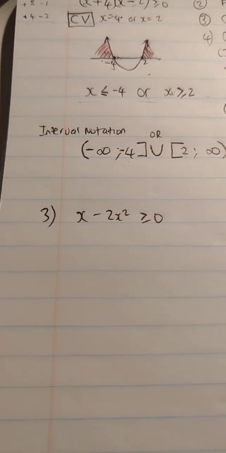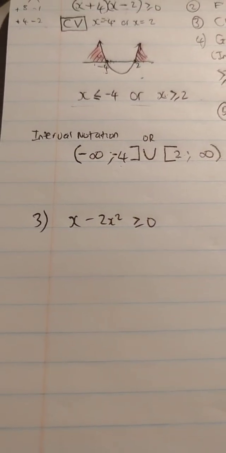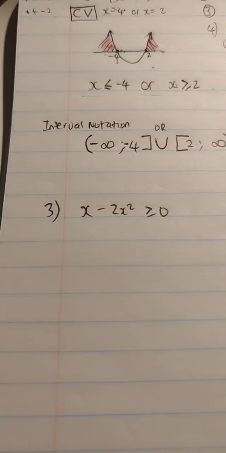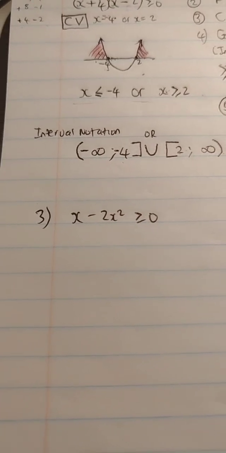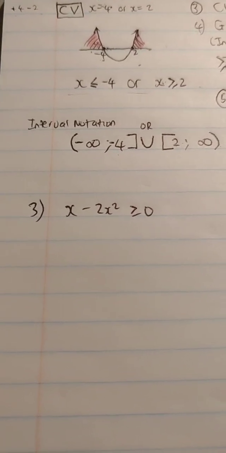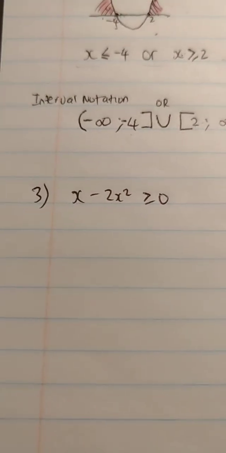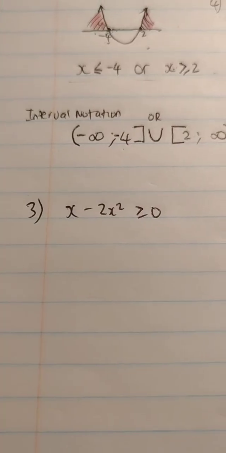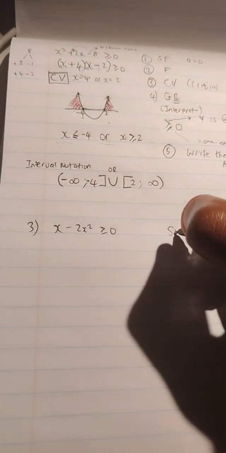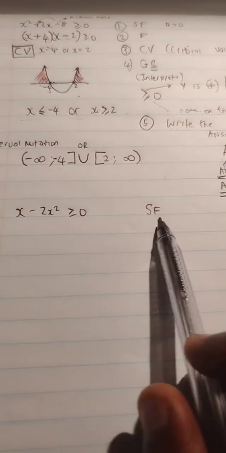So once again, we take a good look at the question. It's x minus 2x squared greater than or equal to 0. So our first step is we want to get the inequality in standard form.